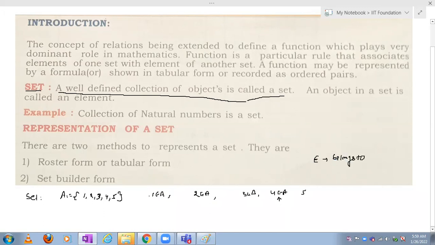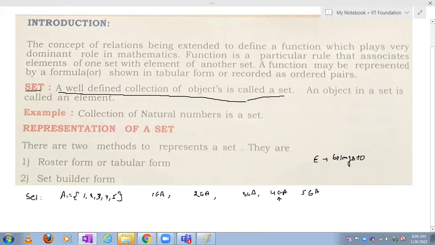It means that 1 is there in the set A. 2 is also an element in the set A, 3 is also an element of the set A, and so on like that. Okay?